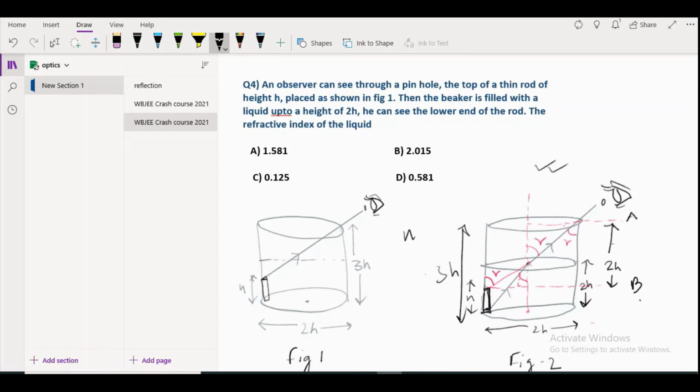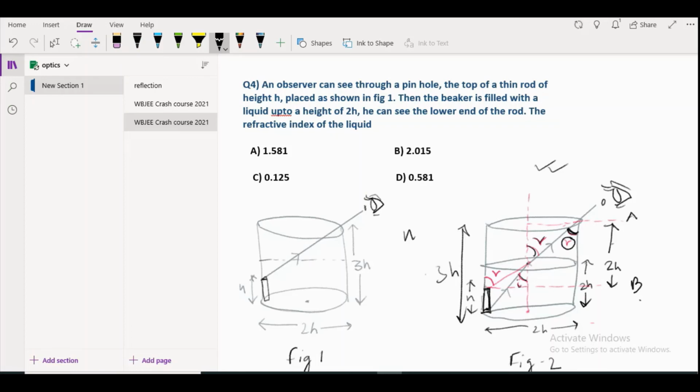So first of all, an angle of incidence is marked, and an angle of refraction is this. Since the normal and the side of the beaker are parallel to each other, this angle should also be equal to R, as shown in the figure. So we have all the necessary diagram prepared.